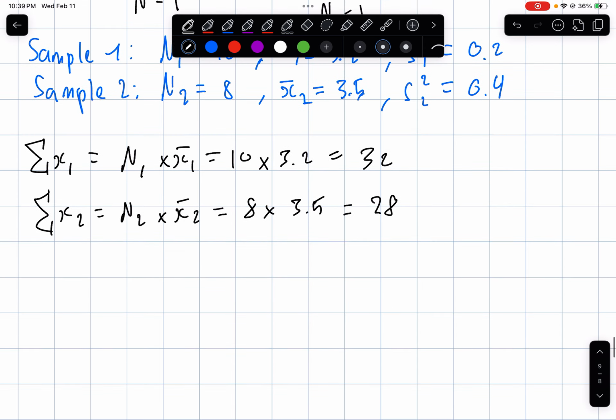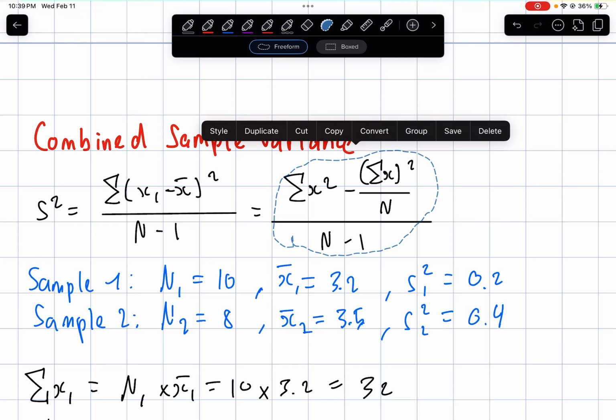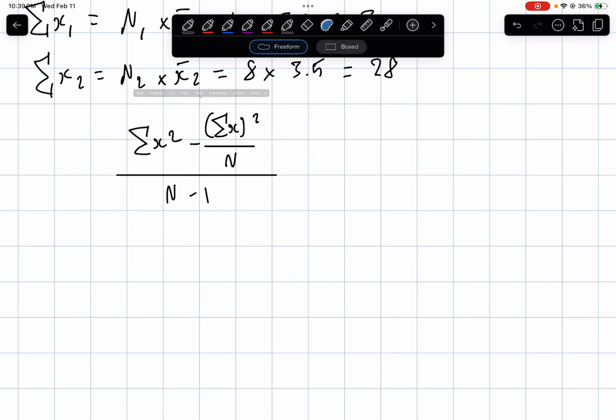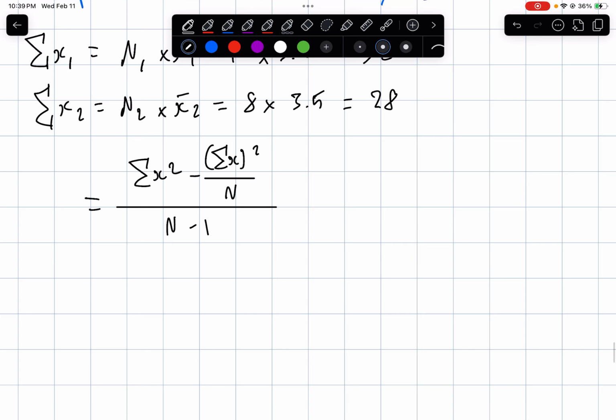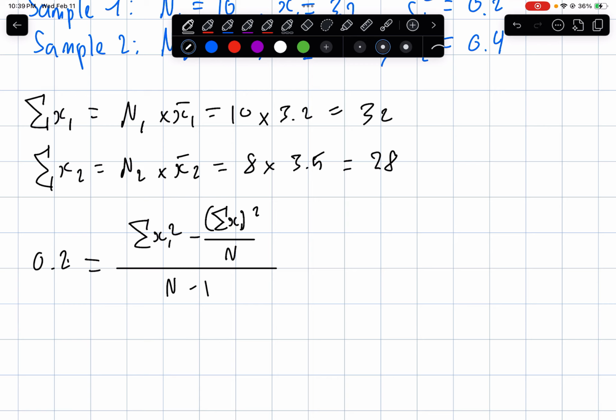Our next step, which is a bit trickier, is we now have to calculate the sum of x squared. So first off, let's go back to our formula here. From our formula, we can do a little bit of algebra and manipulate our equation. Let's say this is x1. We know that the variance S1 is equal to 0.2.